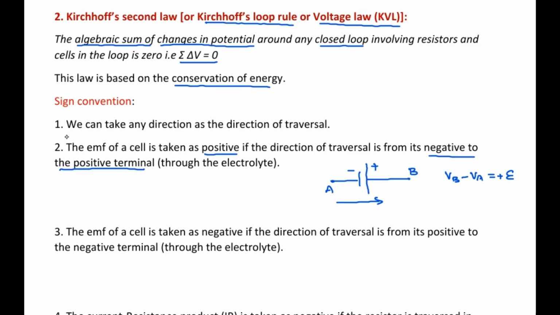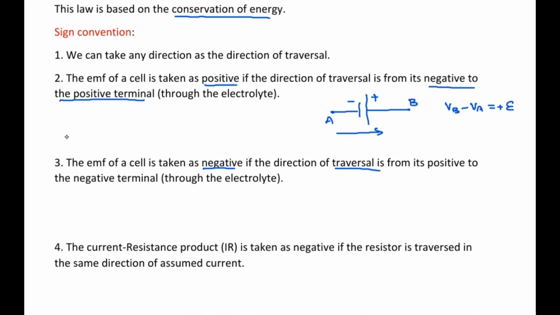That value can be taken as E, that is a positive value. Coming to point 3. The EMF of the cell is taken as negative if the direction of the traversal is from its positive to negative terminal. That means we are taking the same cell. It is point A and it is point B, but we are moving from positive to negative terminal.